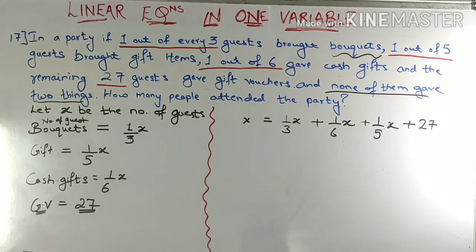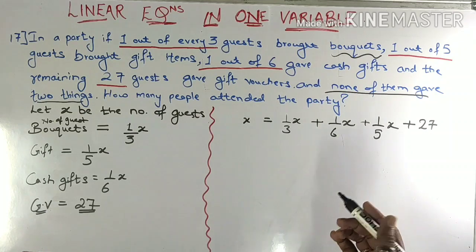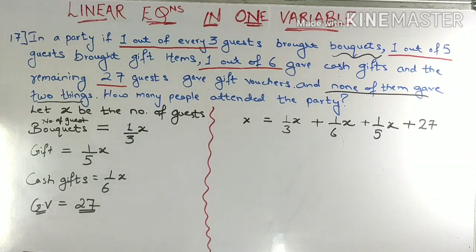None of the guests gave 2 things, and it is also assumed that all the guests gave some thing or the other. Now we have a linear equation in one variable.